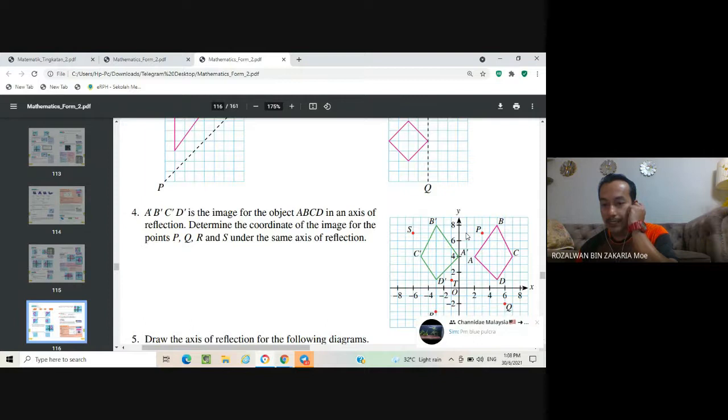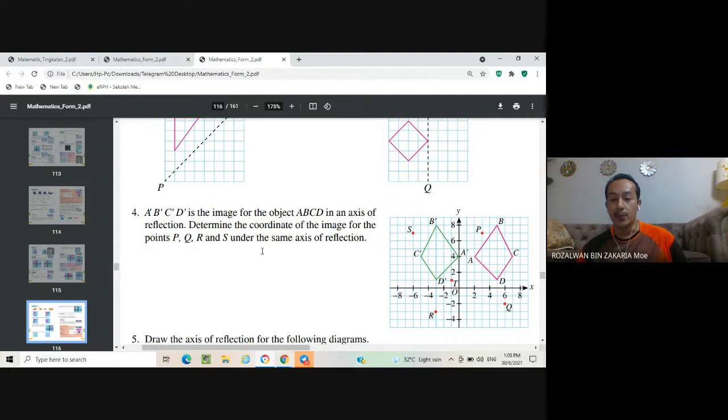So the image for point P should be the same distance, 2 boxes from the axis of reflection: 1, 2. So here, the point P prime is here, with coordinates -1, 7. -1, 7 for P prime.